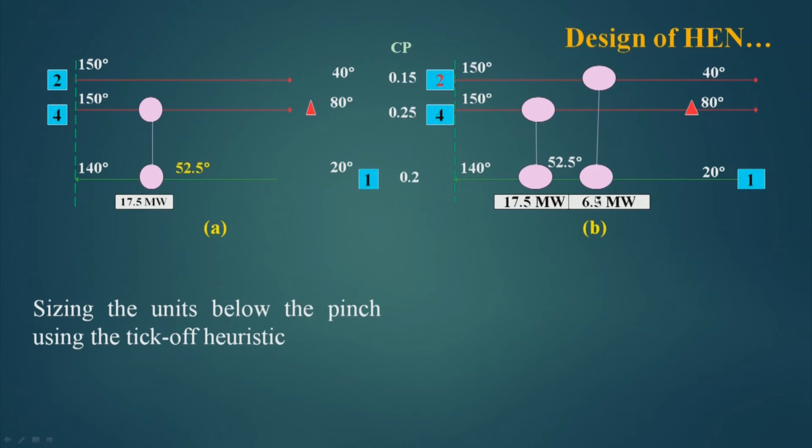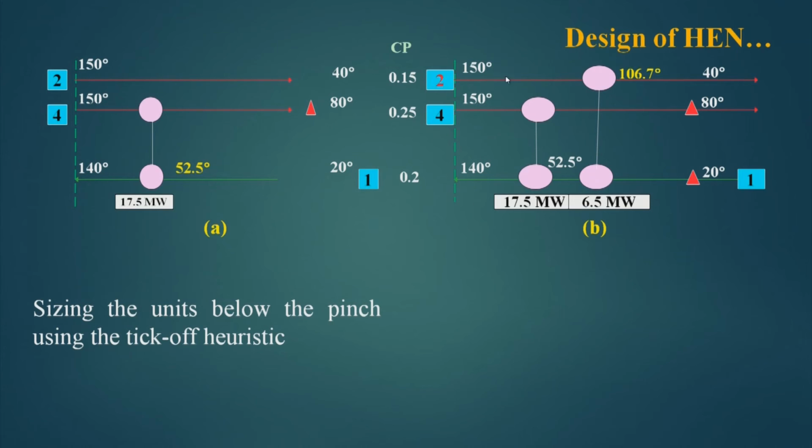So, the remaining 6.5 megawatts will come from this stream, because the other stream is already ticked off. So, it passes 6.5 megawatts from this stream and this is ticked off. Stream number 1 is ticked off.